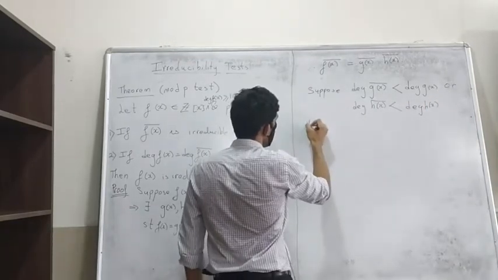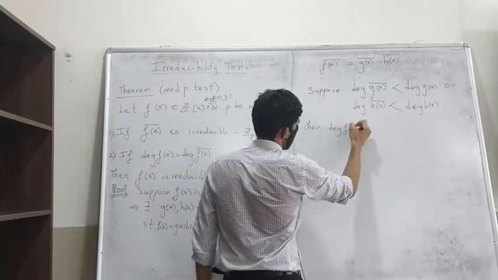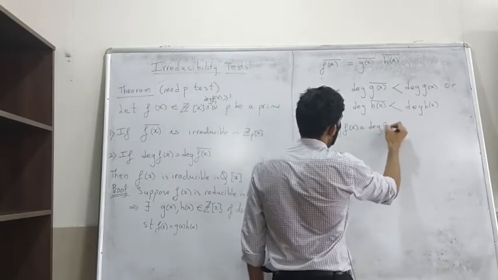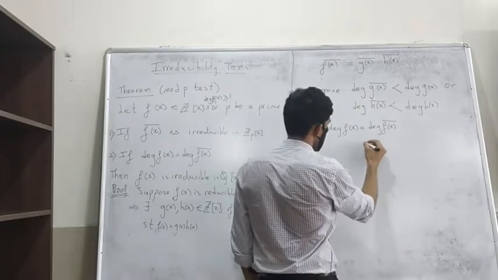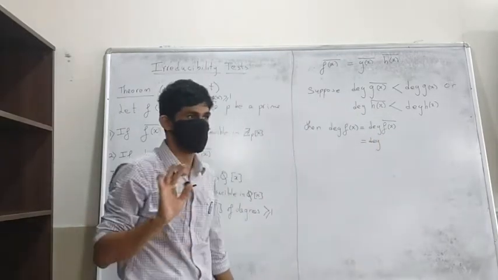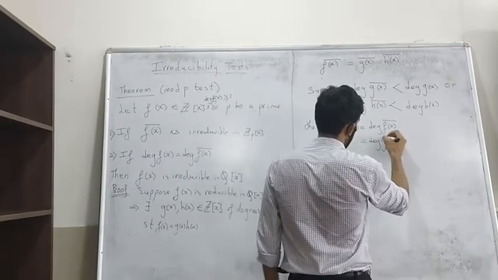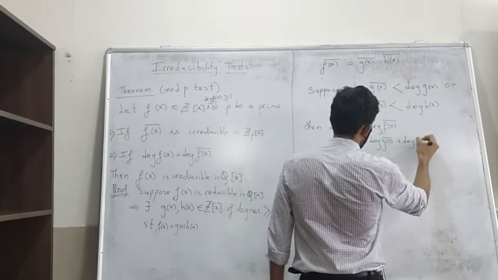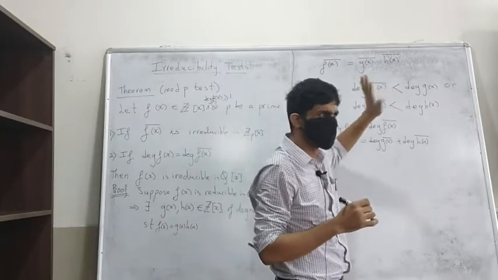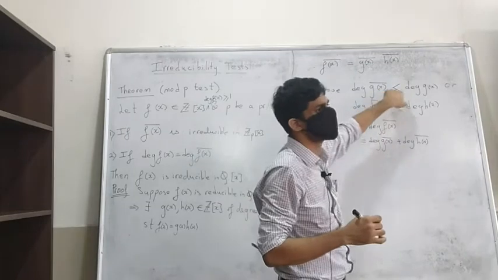Then what would happen is, the degree of f would be the same as the degree of f bar, which is essentially the degree of g bar plus the degree of h bar, because we are working in an integral domain, Zp is an integral domain. But if either of these two hold, it doesn't matter which one, because we know that the degree of this has to be less than or equal to the degree here.